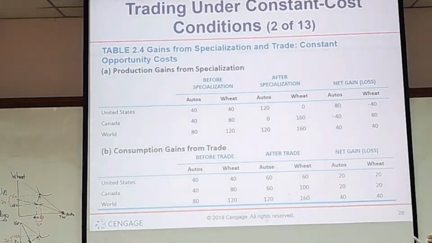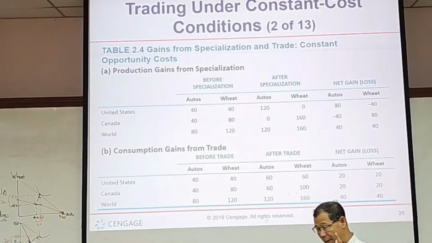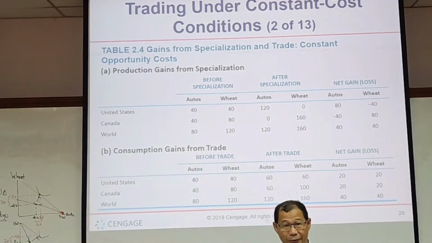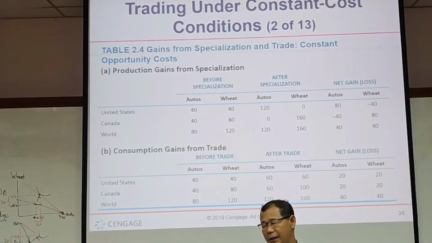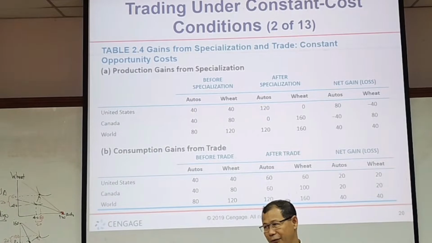Bring all resources to that production, zero to the other production. That's why you can increase consumption, even though resources are scarce.